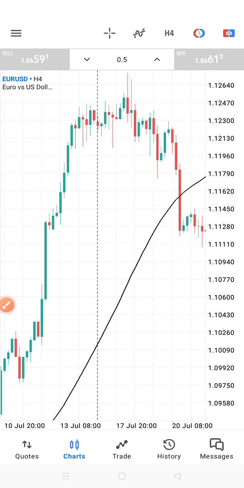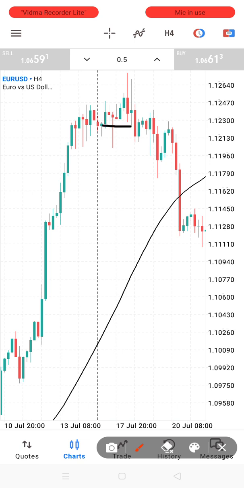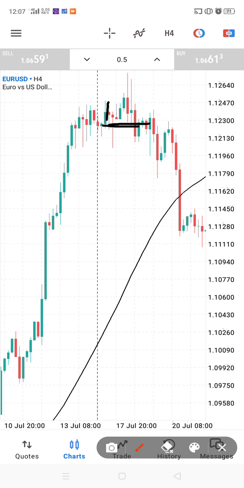Let's draw the lines. We've got this indecision candle right here. The next candle tests its open, as you can see. Then it continued strongly to the upside and hit a new high. Then we place our orders at the zone right there and wait for the retracement or the correction right here.